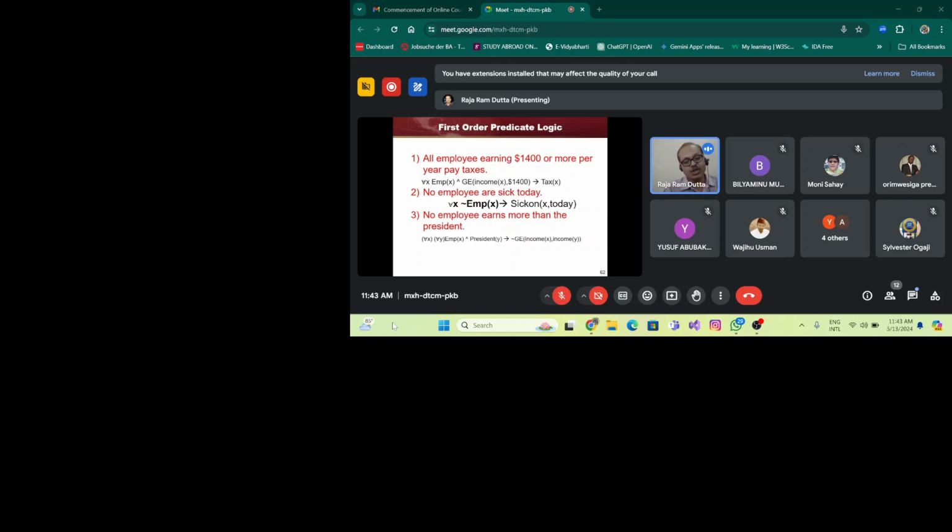Next: no employee earns more than the president. For all x, for all y, Emp(x) and President(y) implies not GE(I(x), I(y)), meaning the income of x cannot be greater than the income of y. So no employee earns more than the president.